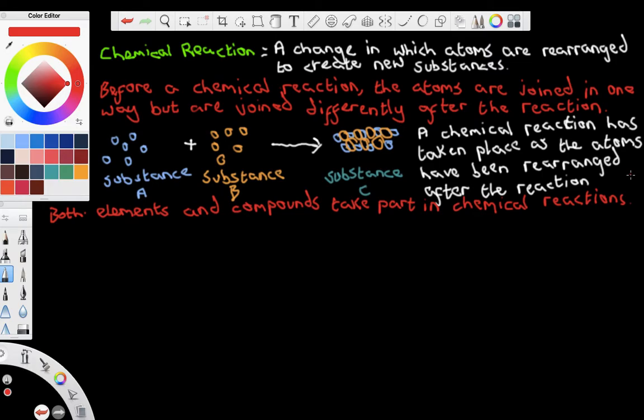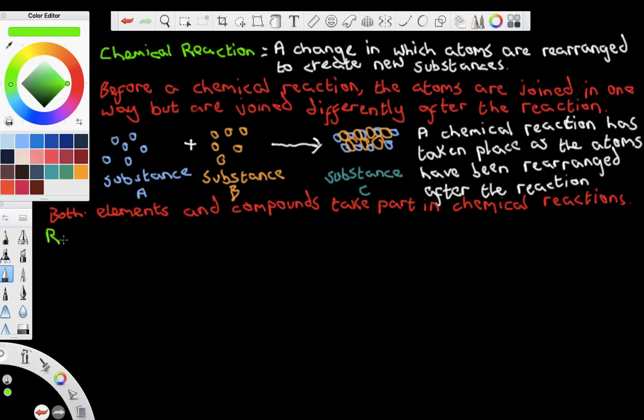Now, chemical reactions do not tend to be reversible. At the end of the reaction, it's very difficult to get the original substances back. So in a chemical reaction, if you look at our example here, we added substance A and substance B together to get substance C. If this is a chemical reaction, it's very difficult to turn substance C back into substance A and B. So we can say, and first of all, we'll define the word reversible.